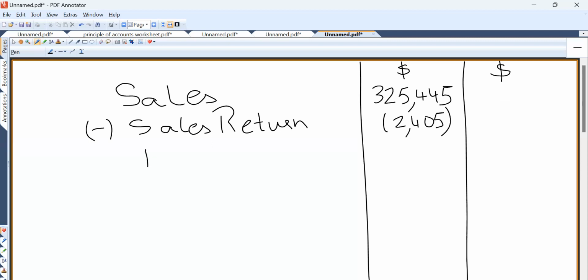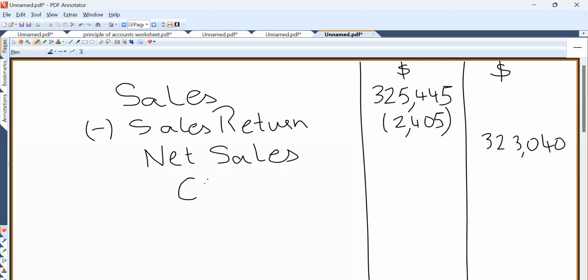Now we can get the net sales. The net sales will go in the second column. We'll subtract both of these. Can you subtract it and tell me the answer? 325,445 minus 2,405 is 323,040. This will be net sales.